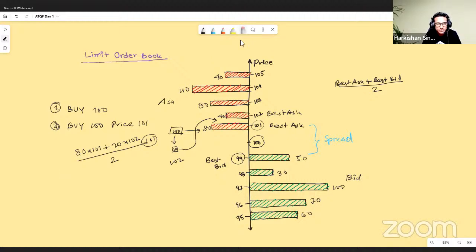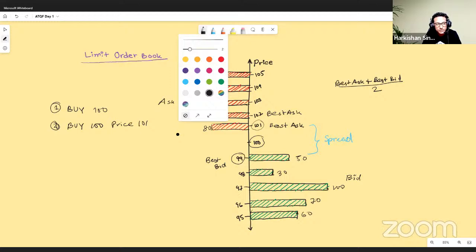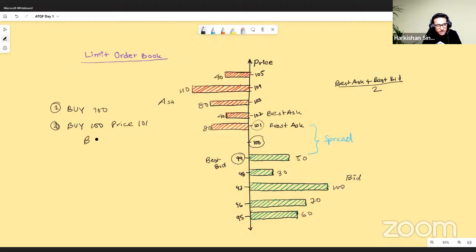I'll erase these things. Now he has 100 shares. Although it's a limit order, it wouldn't be standing in this thing because whatever he's sending is a bid. He's sending a bid of 100 at 101.